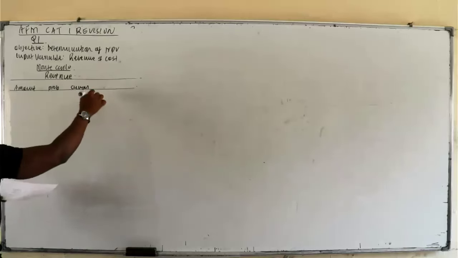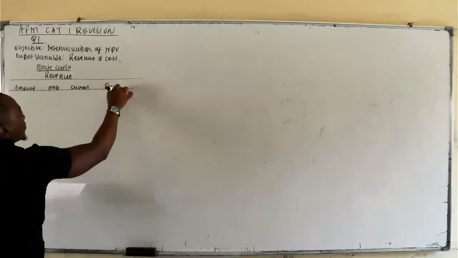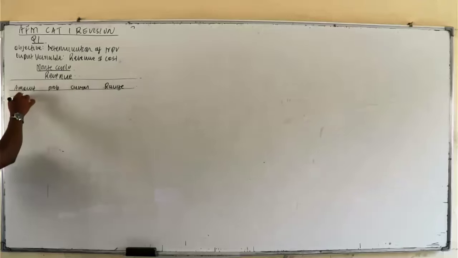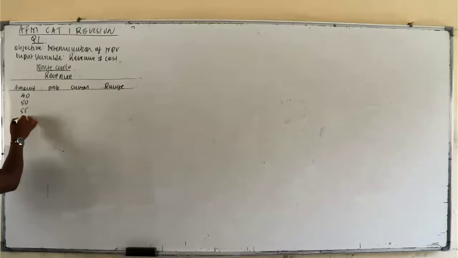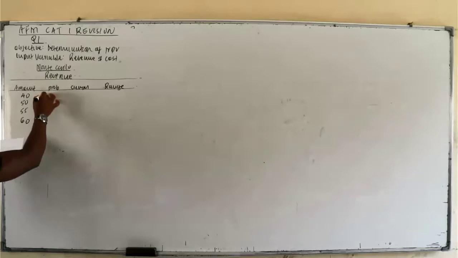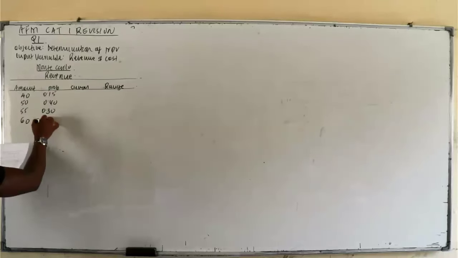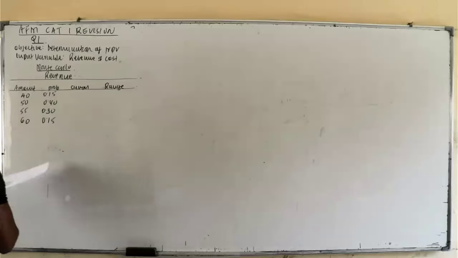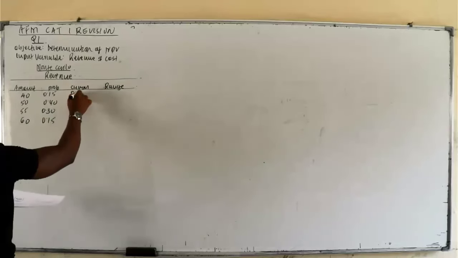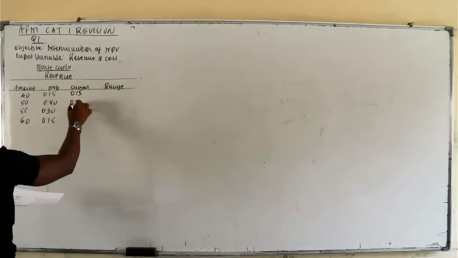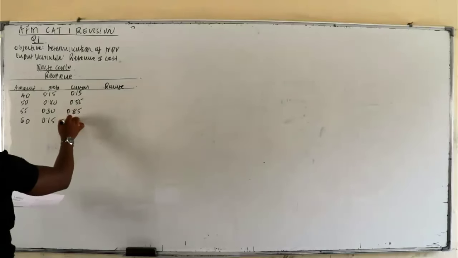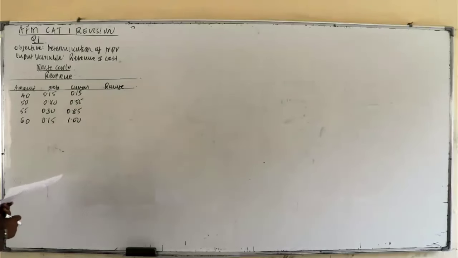Then you accumulate the probability, and then we range. We have 40, 50, 55, and 60, with probabilities 0.15, 0.40, 0.30, 0.15. Then you accumulate the probability: 15, 55, 85, 1.00. And then we range.